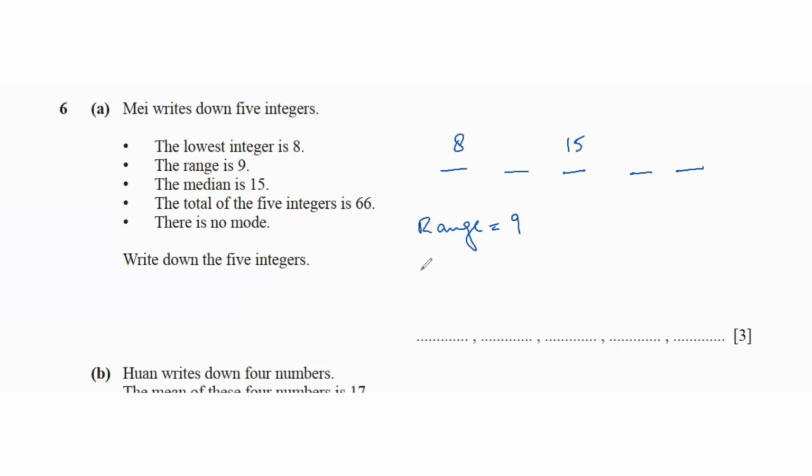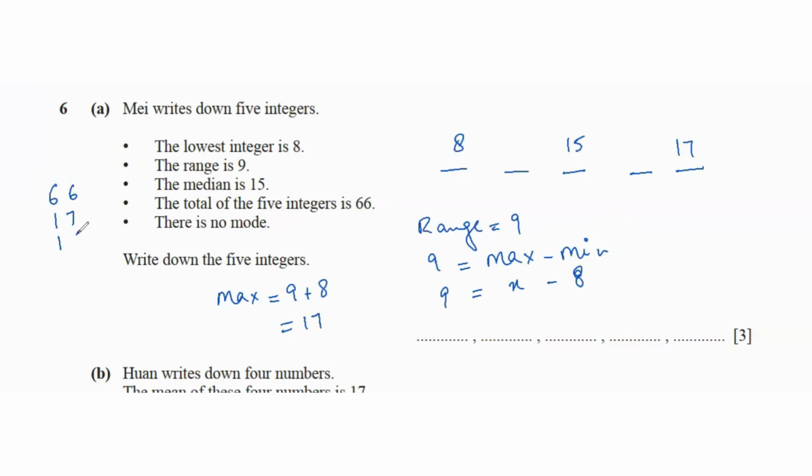So if the range is 9, 9 equals max minus minimum. Minimum is 8. So max is going to equal 9 plus 8, which is 17. Then they have said that the total of the 5 integers is 66. So if we subtract 17, 15, and 8 from 66, we get 26.